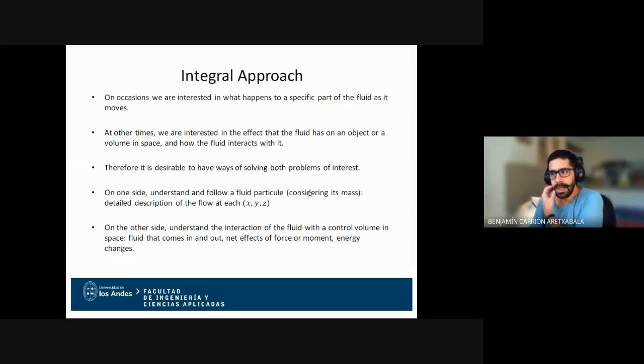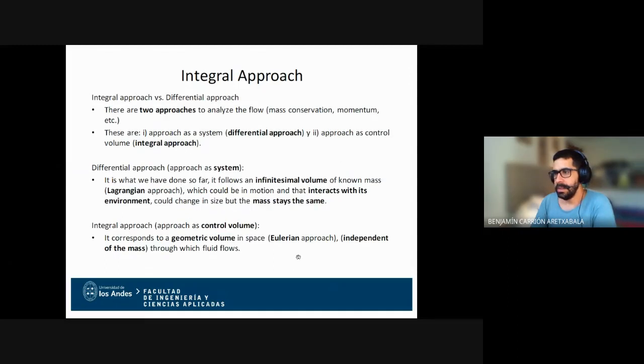Anyway, so we're interested in the fluid as a whole, and not only into a particle. Okay, and here the main idea is that of control volume. Okay, so basically these are two different approaches. One is to analyze the velocity field and how a particle moves, and the integral or system approach has to do more with the control volume.